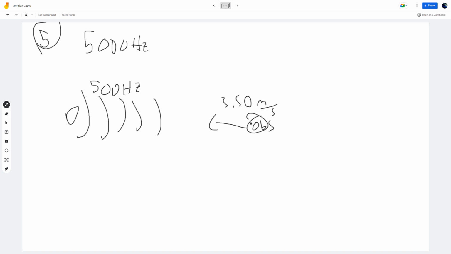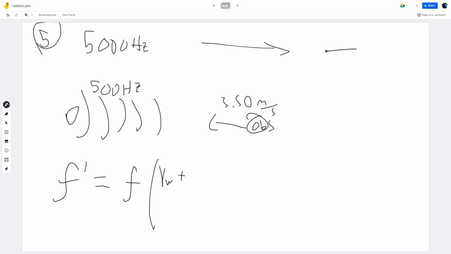So it's asking for the frequency of this reflected wave. The frequency is just frequency times v of the wave, and in this case, it's going to be added on to the velocity of the person. Because if you're moving at a velocity, you're going to feel the velocity of the combined objects.